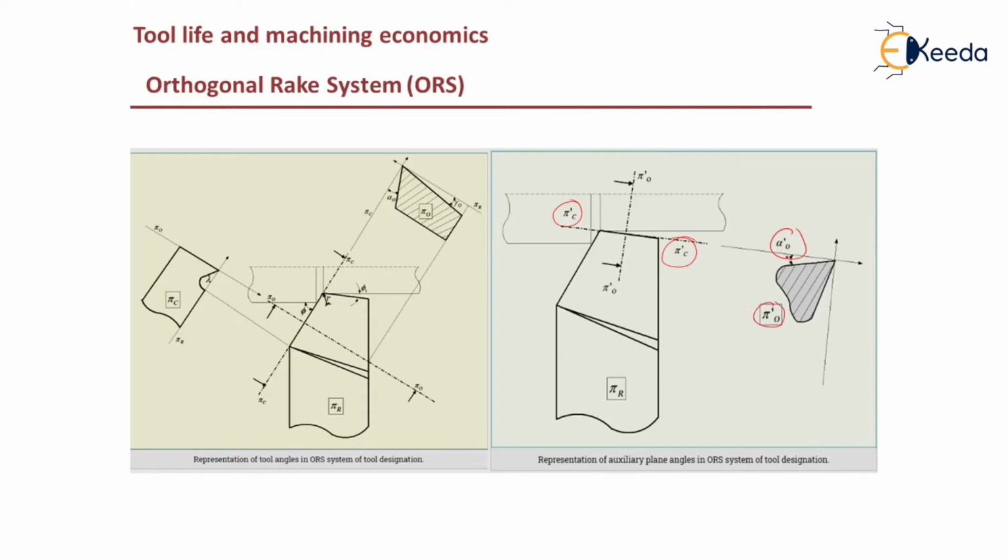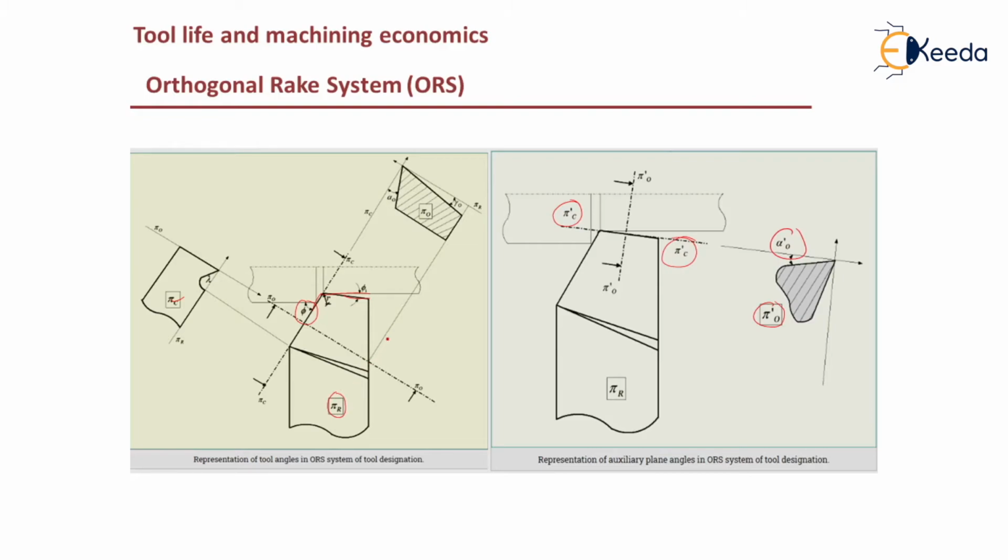So this angle is called the auxiliary orthogonal clearance angle. And then you have the principal cutting edge angle phi, which you can see here. This is the main cutting edge, and this is the auxiliary cutting edge. Phi is the principal cutting edge angle between the cutting plane pi c, which contains the principal cutting edge, and the longitudinal feed direction, measured on a reference plane.